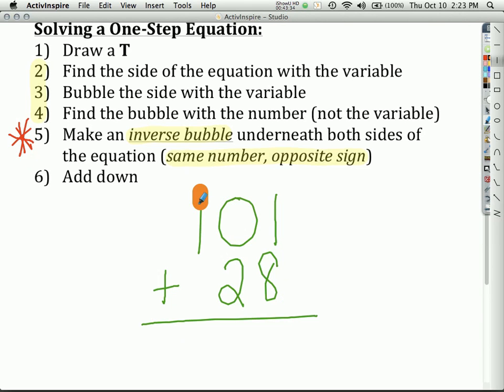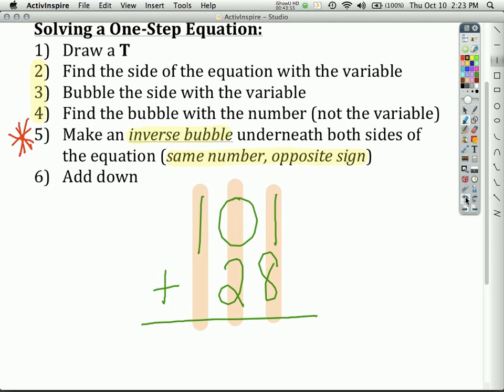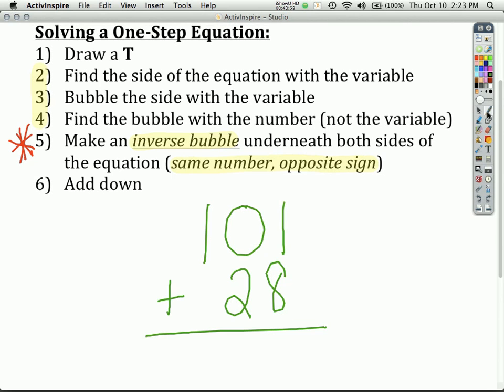You are basically adding that column, then you are adding this column, and you are adding this column. You can't add the 1 to the 2, can you? No. You can't add the 0 to the 8. You have to go straight down the column, correct? So, that's going to apply today, that you have to work in columns.